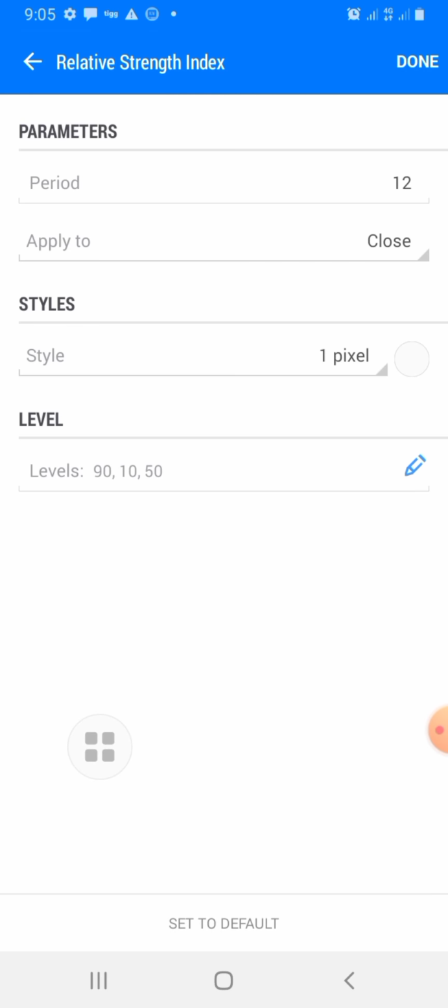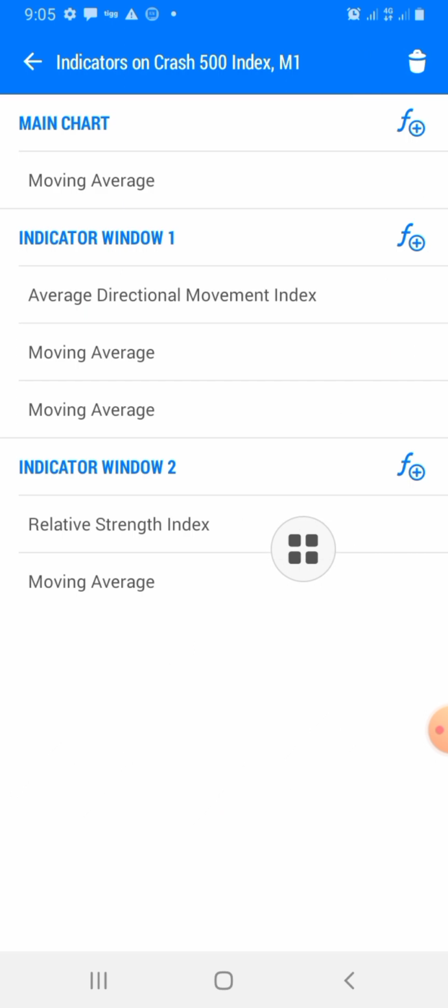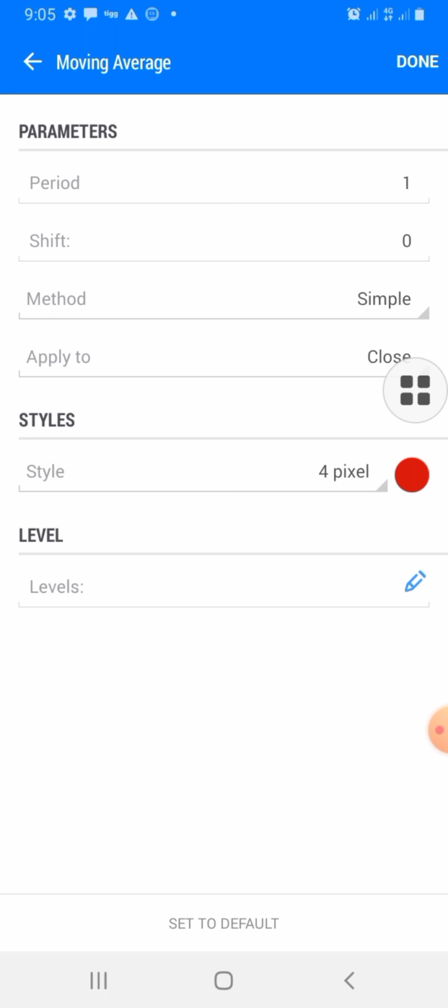Then you click on done. Right, so when you click on done, the next thing you're going to be adding there is another moving average, which is period 1, shift is 0, method is simple, apply to close, and I choose here 4 pixels of red. All right, I choose 4 pixels of red, and when that is done, you click on done.